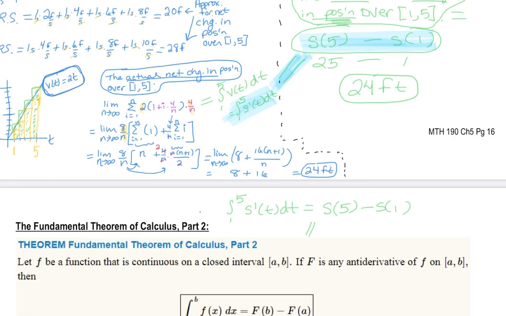That is what this is saying in general terms. If I have some function f and I know its antiderivative capital F, then I can evaluate capital F of B minus capital F of A. So that's the intuitive development of our fundamental theorem.